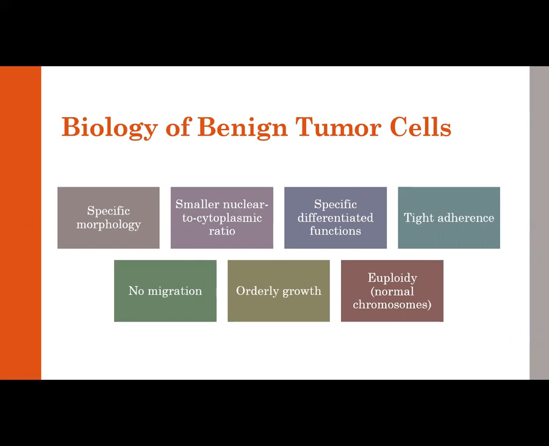We've got specific morphology, a smaller nuclear to cytoplasmic ratio, specific differentiated function, tight adherence, no migration, which is a very important concept when we're looking at malignant versus benign, orderly growth, and normal chromosomes. So with those benign cells, there are some things that are different from our normal cells, but they're not spreading as our malignant cells would.